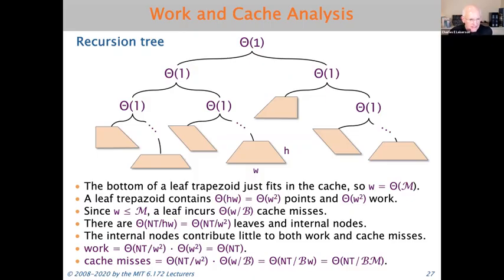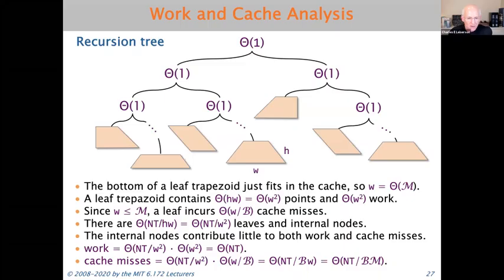Sorry, that's theta of W over B. Each leaf incurs W over B. So you multiply that through, you get theta NT over BW. And W, we said right from the beginning, is theta M. So we get theta NT over BM. That's a huge savings in cache misses. It's a factor of B times M. I mean, really big.